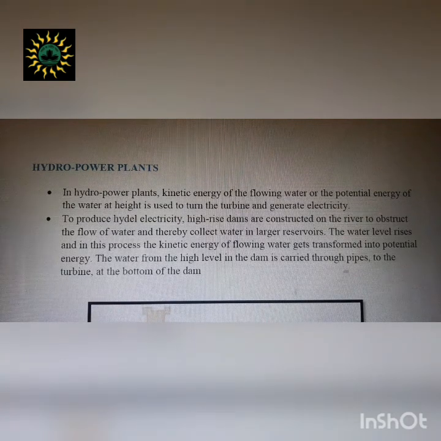So fossil fuels become exhausted after continuous usage. The amount of fossil fuels is gradually decreasing.